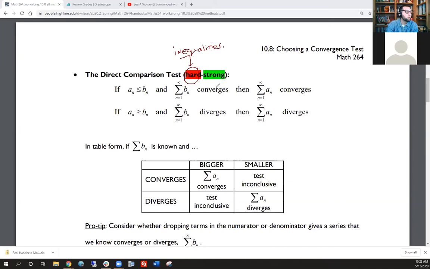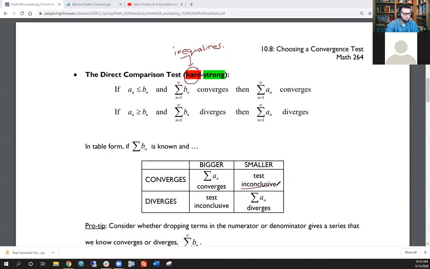So it's got inequalities, and we end up with this table that we've talked about before, where if that known series is bigger and converges, then it pushes the unknown one into convergence. If the known series is smaller and diverges, then it forces the unknown one to diverge.